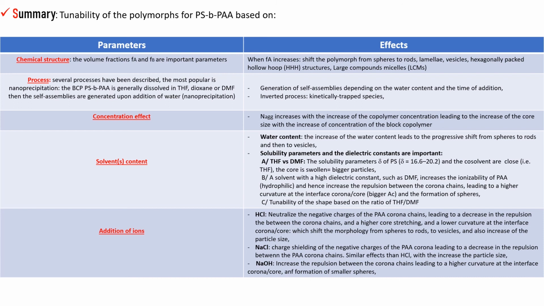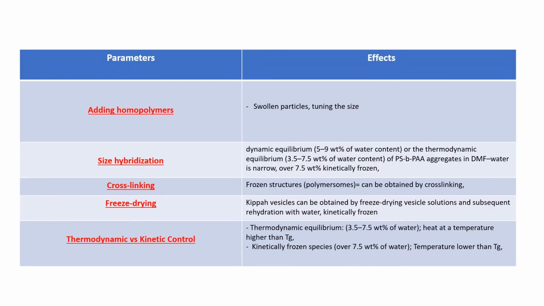And for NaOH, increasing the repulsion between the corona chains leads to a higher curvature at the interface corona core, leading to spheres. For the other parameters, such as adding homopolymers, the addition of homopolymers leads to swollen particles, bigger particles.